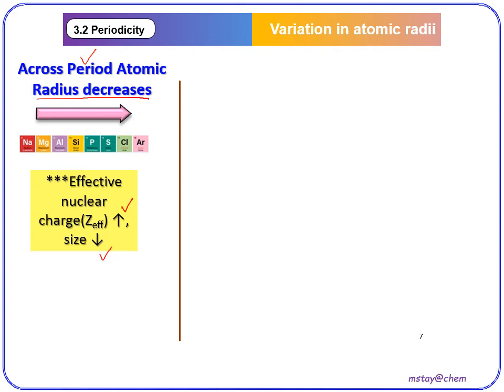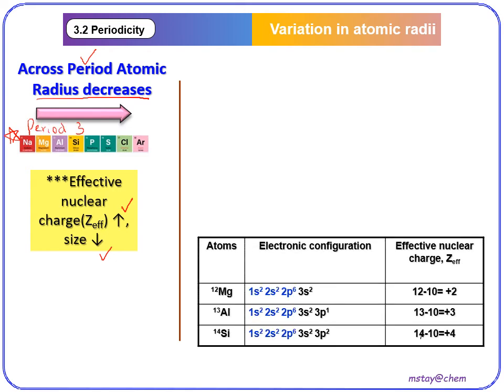So these are examples of elements in period 3. Just now we already used the example of sodium. In this slide, we focus on magnesium until silicon, across the period. As we know, the elements are arranged in order of increasing proton number across the period.